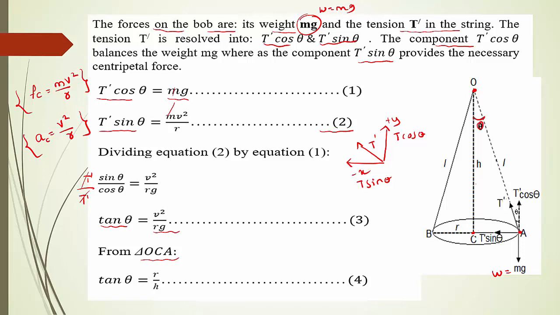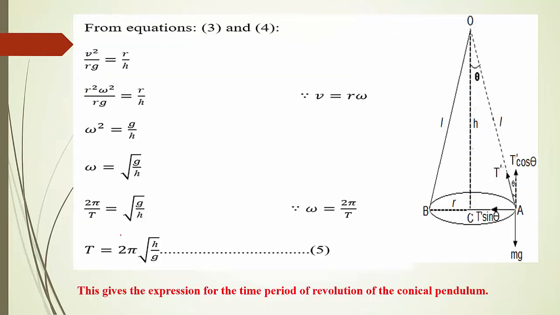Tan theta equal to opposite side divided by adjacent side. This is the opposite side, this is the adjacent side, and this is the hypotenuse. Tan theta equal to O by A. O is the radius, A is the height. So we can write R divided by H, radius divided by height, that gives tan theta.